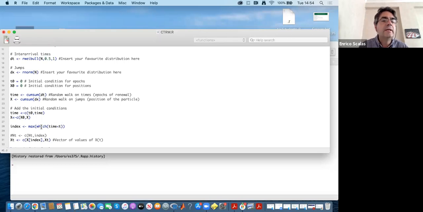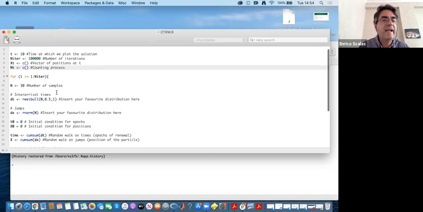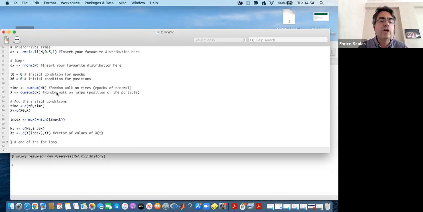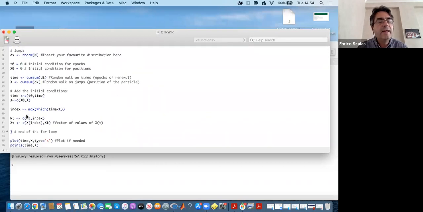And to be fair, this is correct. The index itself is the number of jumps. We don't need it for this presentation, but we are computing it correctly. And x of index is exactly x of t. So in this particular logic of the program, you can find other quantities, or you can define other ones. And then let us see what happens.